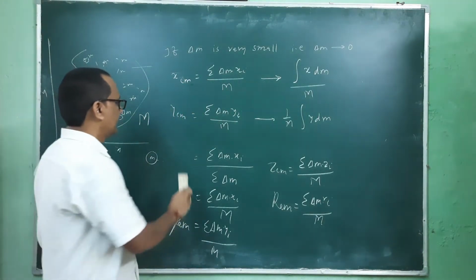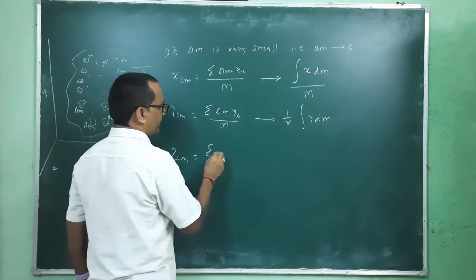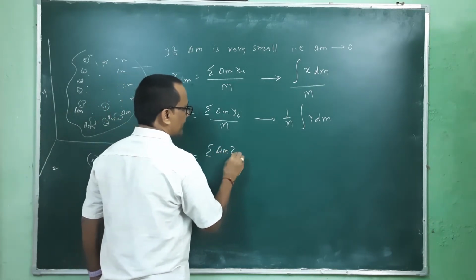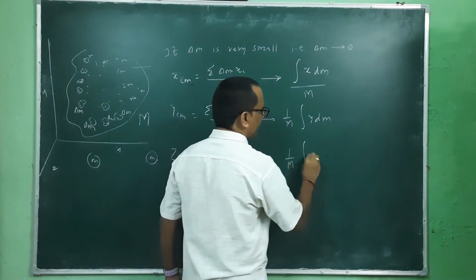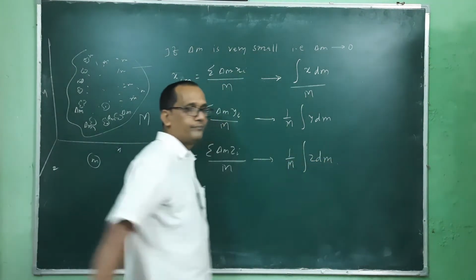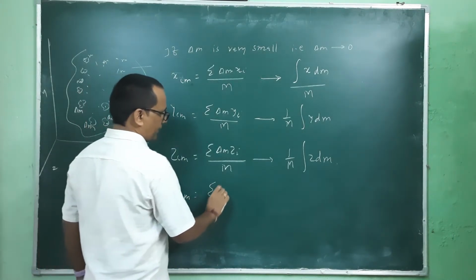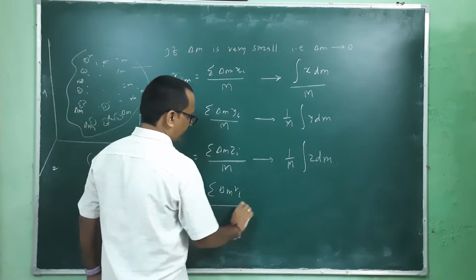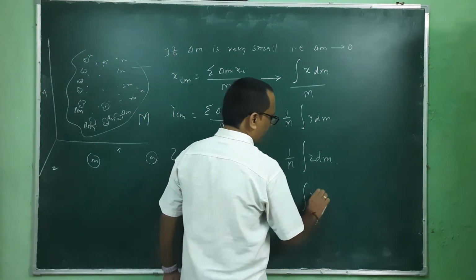Similarly, ZCM, the summation of delta m zi by M, can be written as 1 by M integration of z dm, and RCM, that is the summation of delta m ri by M, can be written as 1 by M integration of r dm.